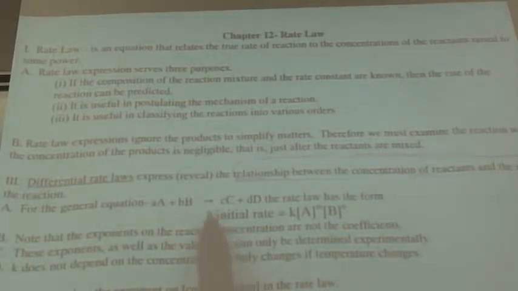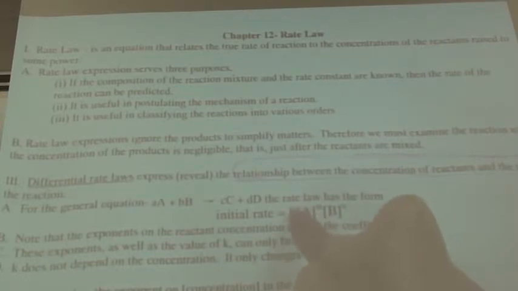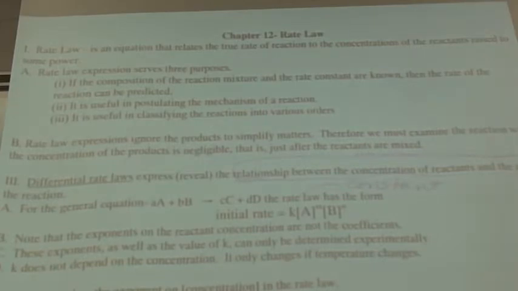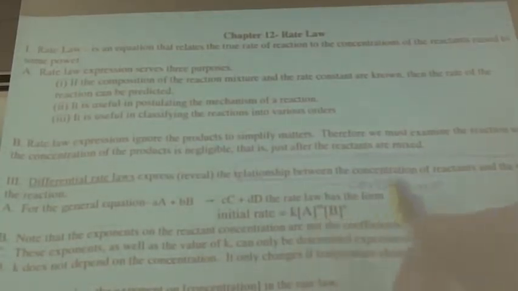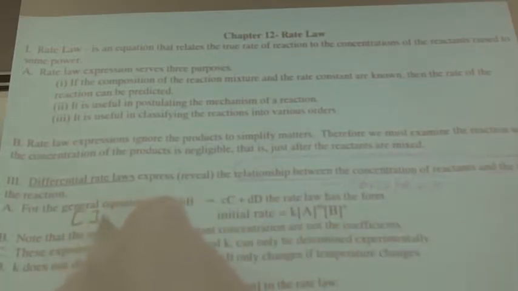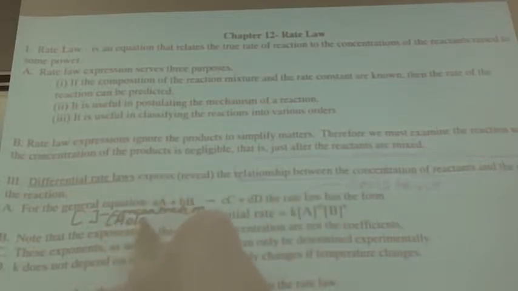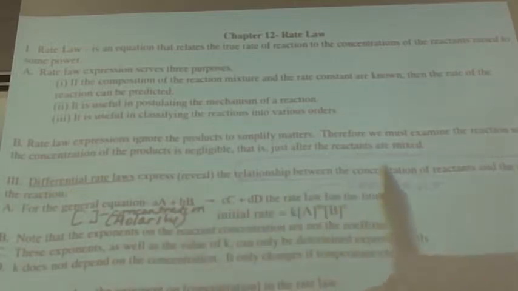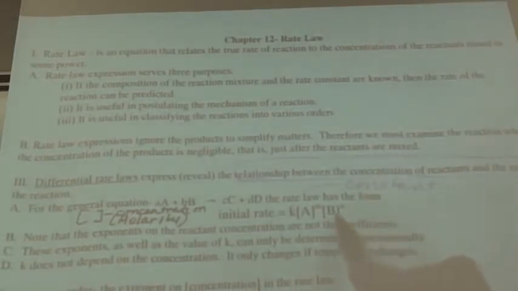The initial rate is equal to k, which is a constant, times the concentration of A, remember the brackets mean concentration, and 99% of the time that concentration will be in terms of molarity, the concentration of A raised to some exponent times the concentration of B raised to some exponent.